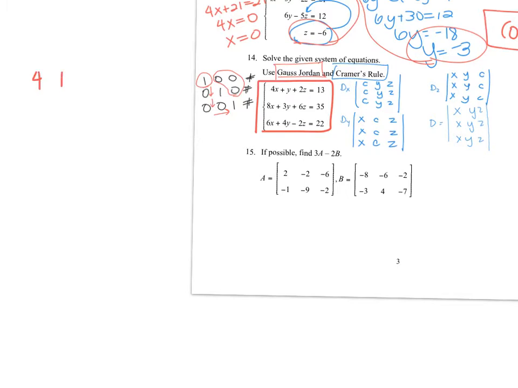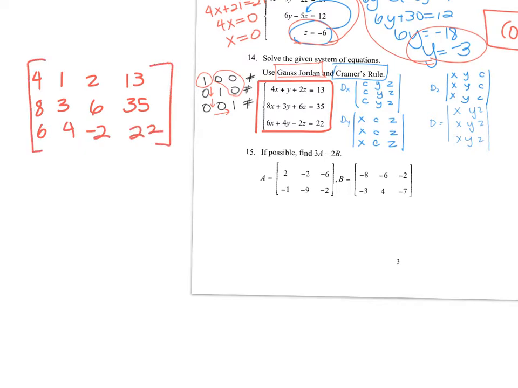So 4, 1, 2, 13; 8, 3, 6, 35; and 6, 4, -2, 22. To find d sub x, I'm going to take out the column of x's and put in the constants, which is that last column, 13, 35, 22. And then I do the y's, 1, 3, 4, and the z's.